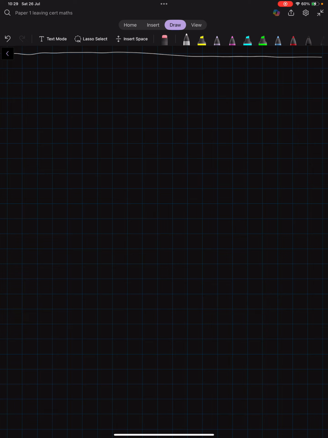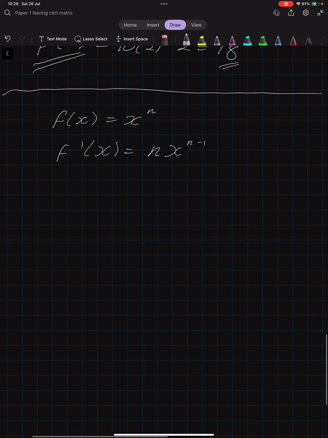So the first rule is the power rule, which comes up the entire time. It is, if f of x equals x to the power of n, f prime of x is equal to n x to the n minus 1. Okay? And again, I'll just do an example.